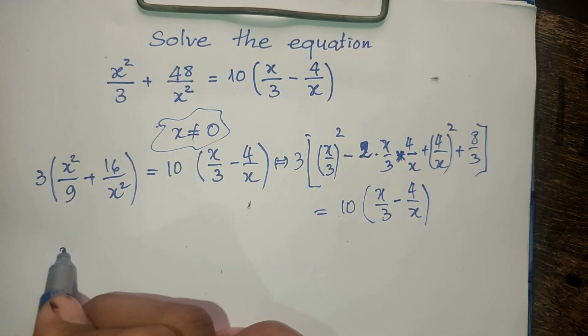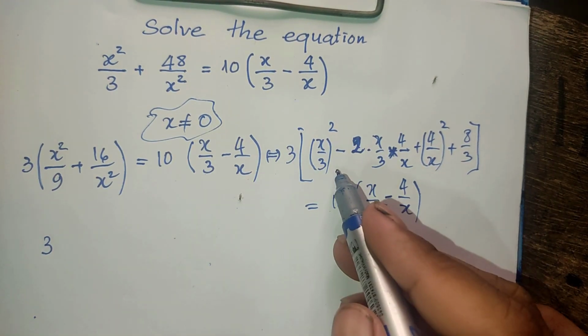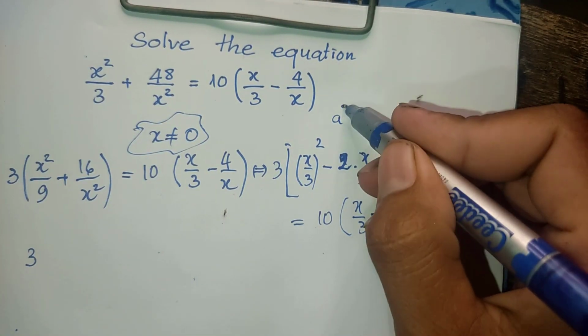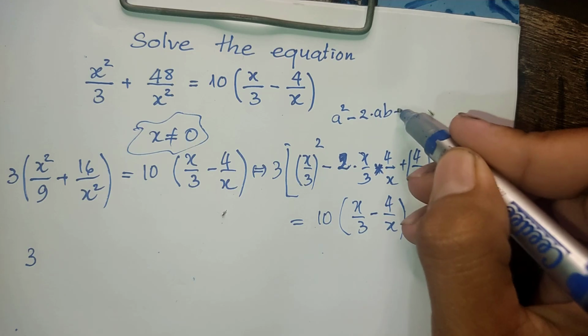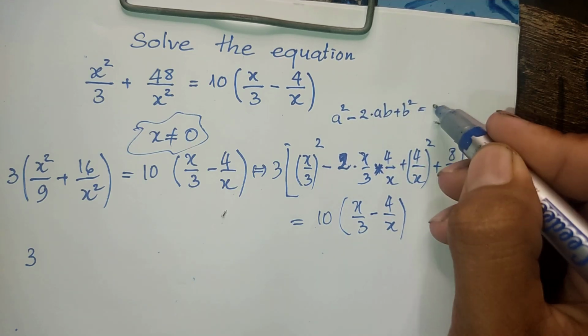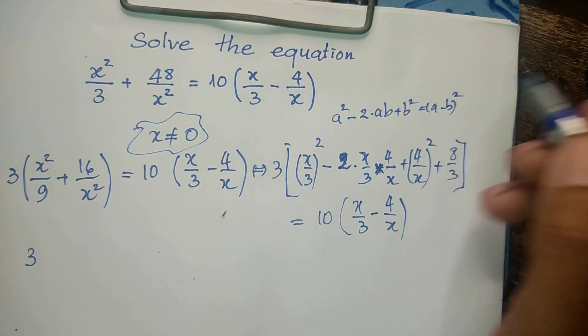Here I use the identity a squared minus 2ab plus b squared equals (a minus b) all squared.